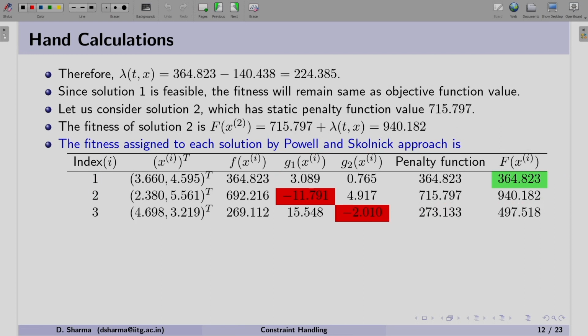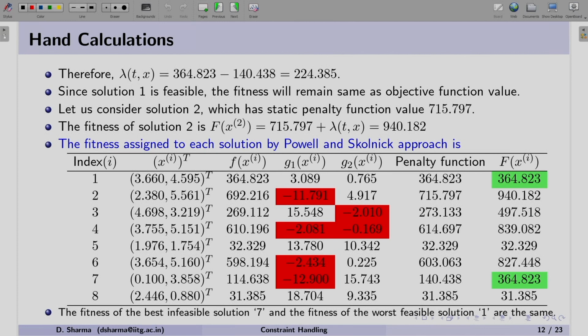If we follow the same step for solution number 3, as we know solution number 3 is infeasible, we have this penalty function value, we add lambda here, and the final fitness of this particular solution is 497.518. If we follow the same procedure, now you can see that solutions number 4, 6 and 7 are infeasible solutions.